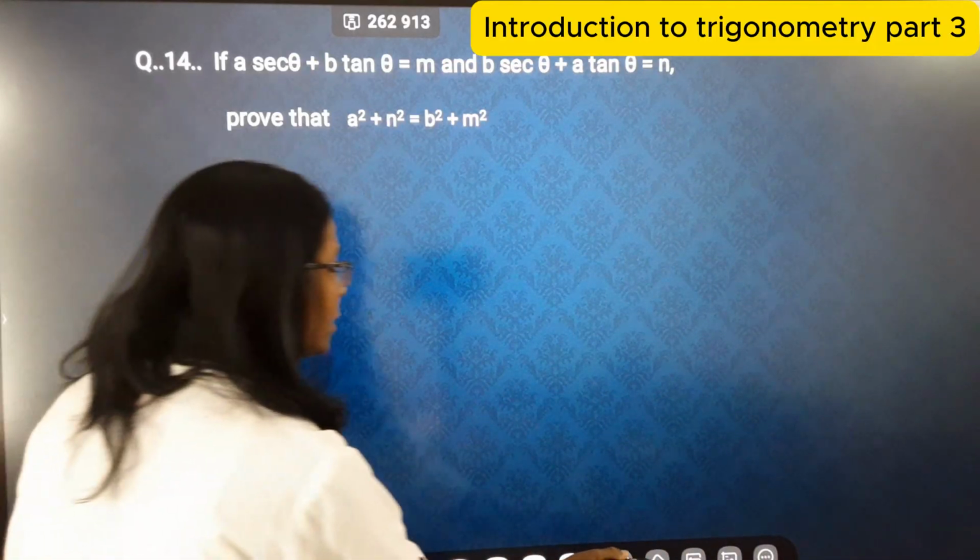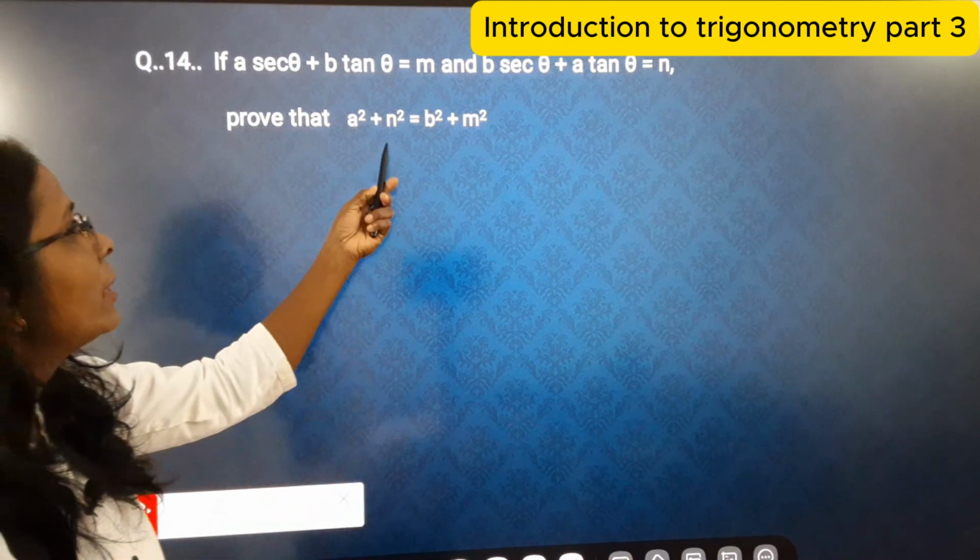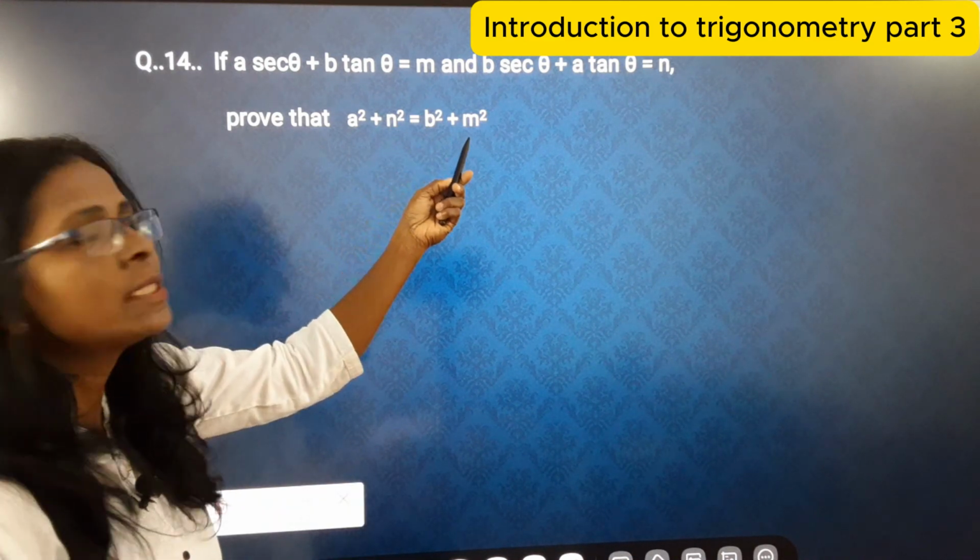Here we have to prove that a square plus n square is equal to b square plus m square.